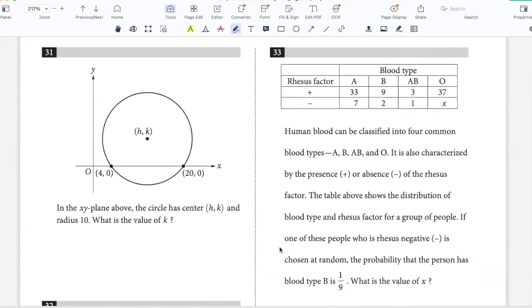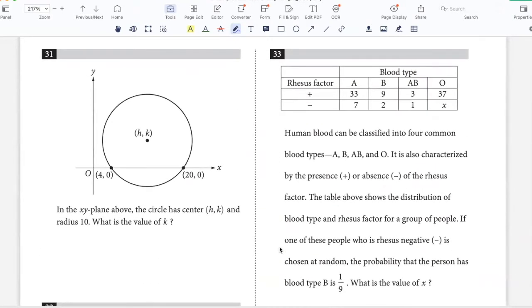Okay. In the xy plane above, the circle has a center h comma k and radius 10. What is the value of k? Right. So let me join this. So this is 10 and the value of k, right? Okay.